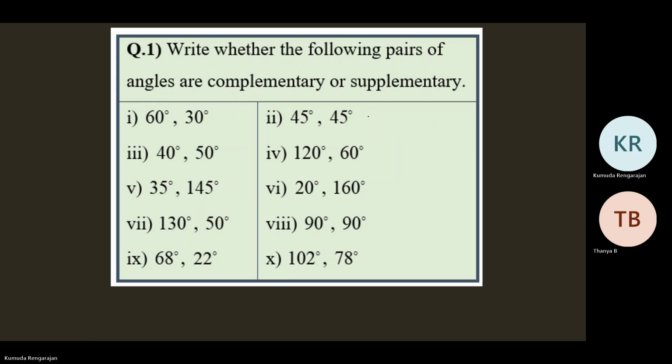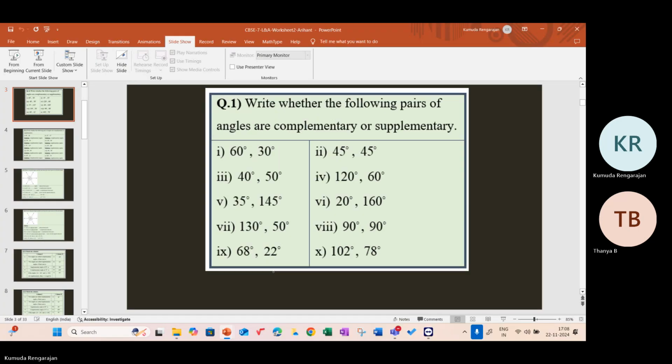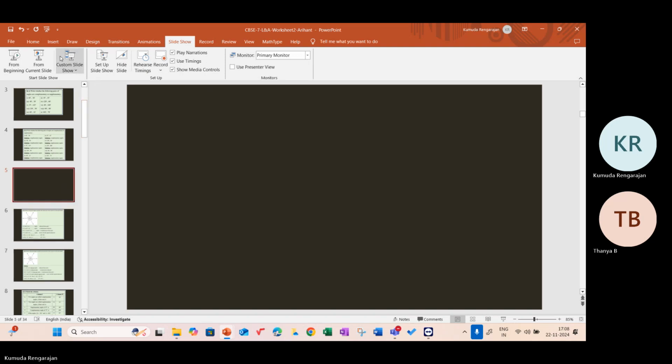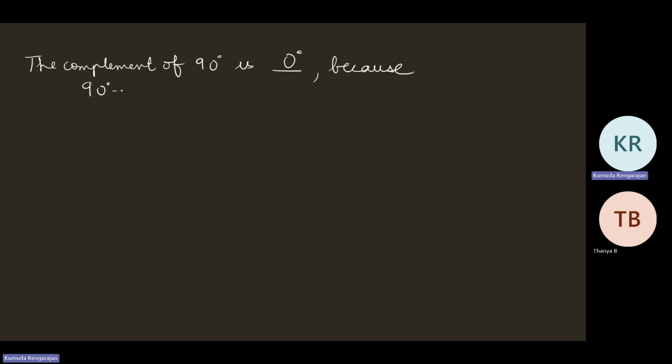So the complement of 90 degrees, let me write that. The complement of 90 degrees is 0 degrees because 90 degrees plus 0 degrees is equal to 90 degrees.